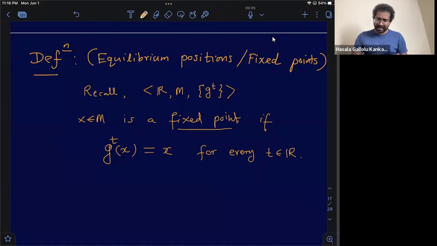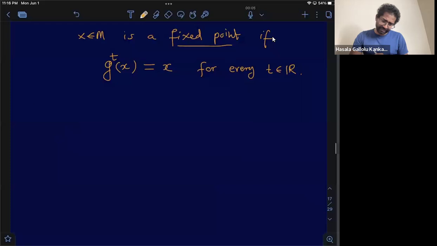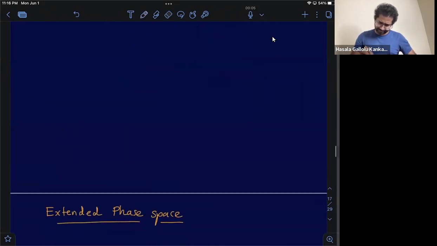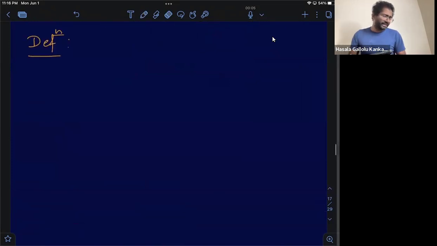All right, so then the other part, let's have one more definition. I have it right here also, but I will just have it as a simple definition here. The second one is extended phase space.